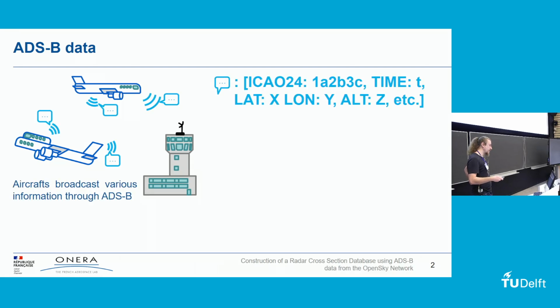Aircraft communicate between them with ground receivers as well. ADSB data in the frames contain useful information, for instance, position, being time, latitude, longitude, altitude, some other information, and most importantly, an identifier for the aircraft, so the ICAO24 identifier.